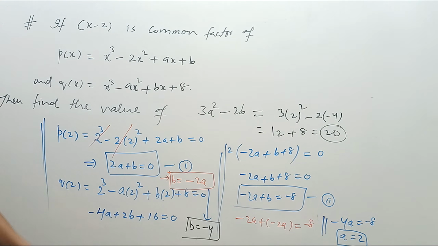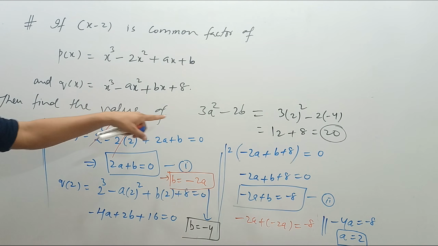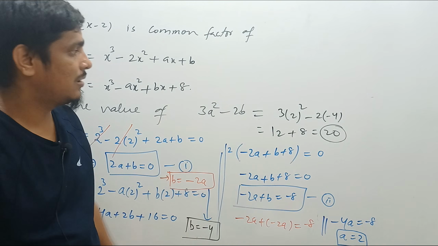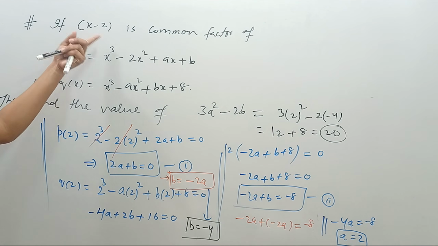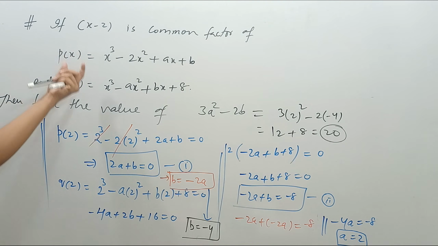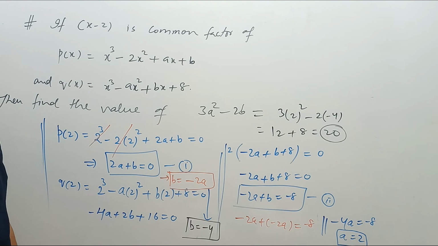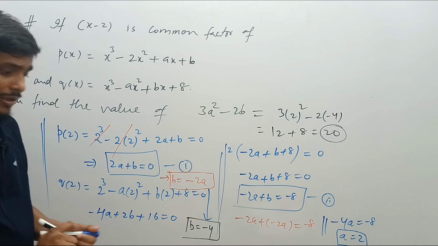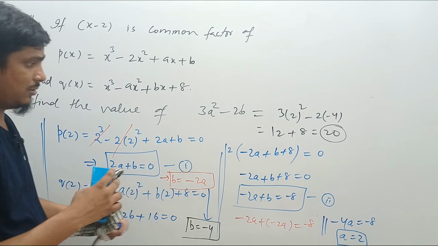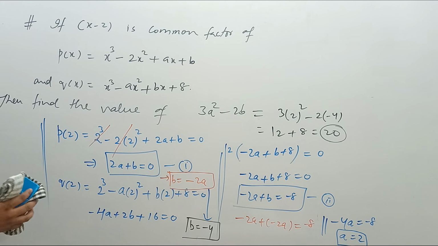So the answer for the question, the value of 3a square minus 2b, is 20, where x minus 2 is a common factor for both of the polynomials. So these kinds of questions need to be practiced to master all kinds of basics of factor theorem and remainder theorem.